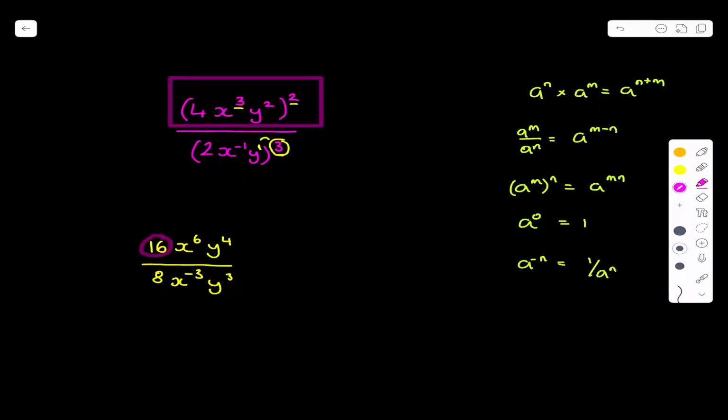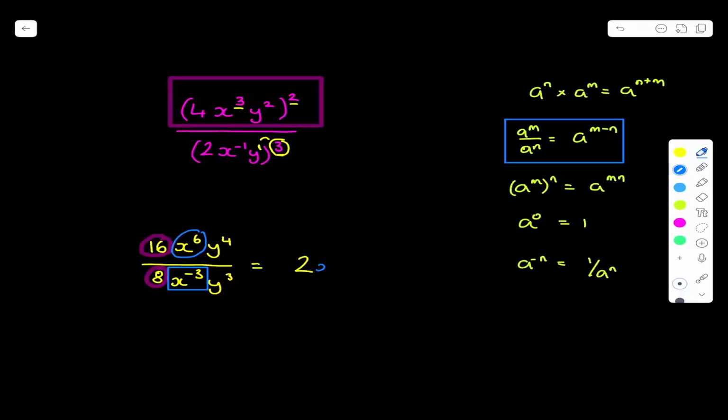So firstly, we could do number divided by number. So 16 divided by 8 is 2. And we're going to do this indice divided by that indice. And you have to be really careful with the negatives here. So we're dividing, so we're going to use this rule. It means you subtract the indices. Because there's a negative, it gets a bit complex. So let's write it out.